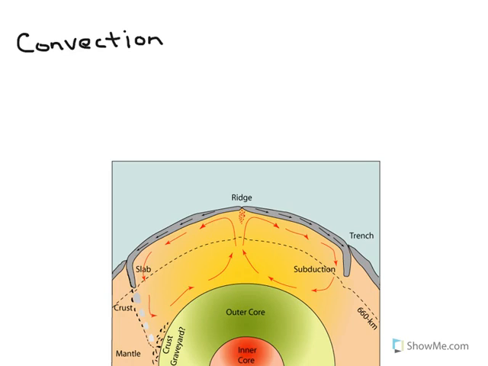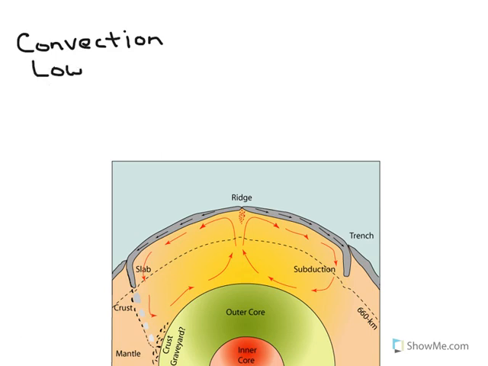One of the key characteristics of Earth is that we experience plate tectonics, the motion of our crust. Convection is what drives that plate tectonics. And the process occurs in the lower mantle.